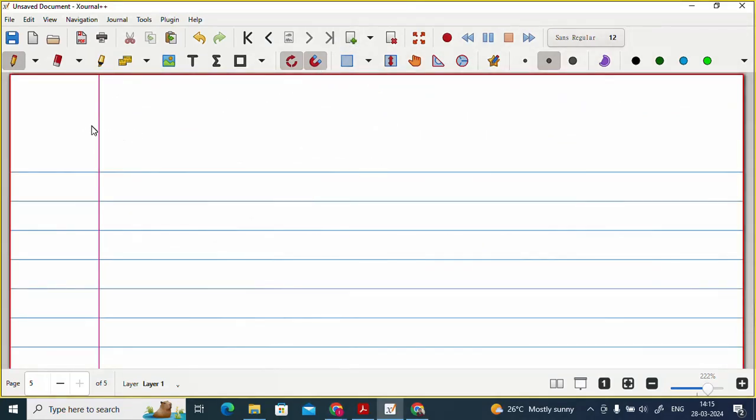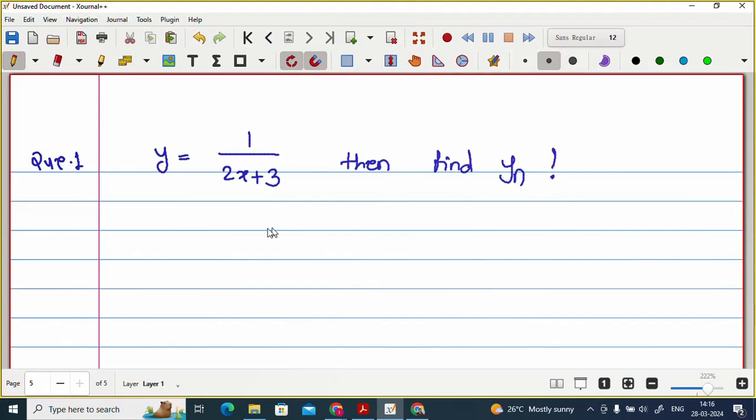Okay, now let us go further. This we have seen, where there is the product of a trigonometric function. Now suppose I have a simple question. Let us consider y is equal to 1 upon 2x plus 3, and I ask you to find yn, the nth derivative.